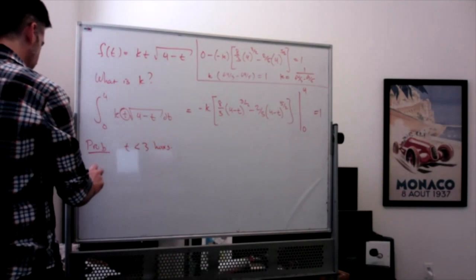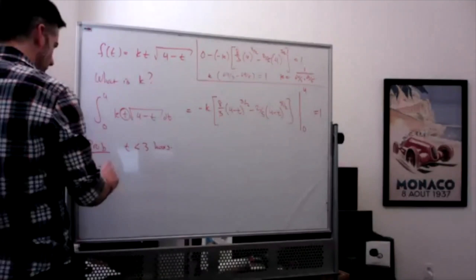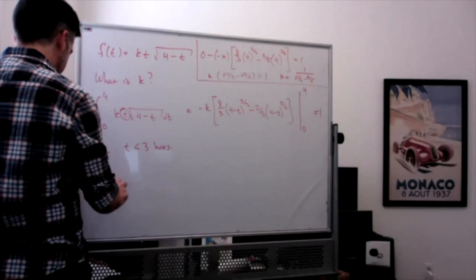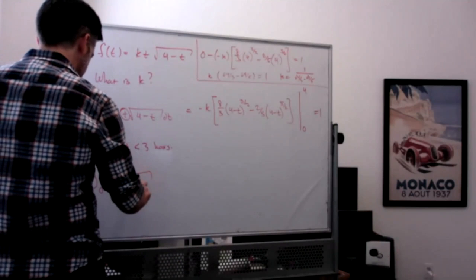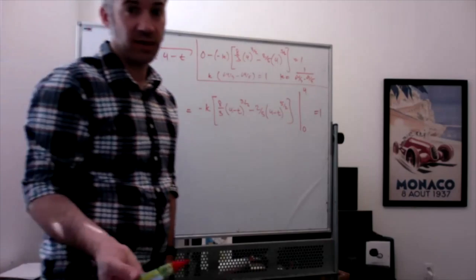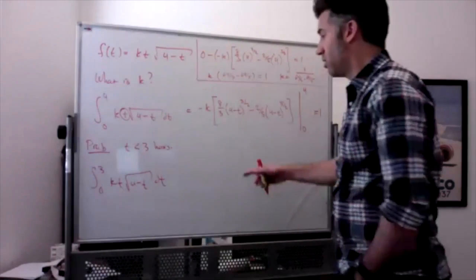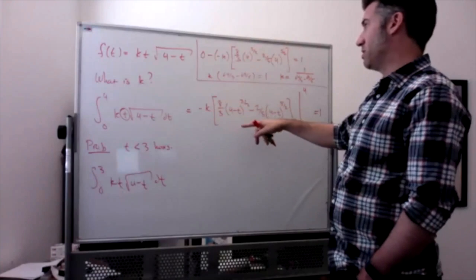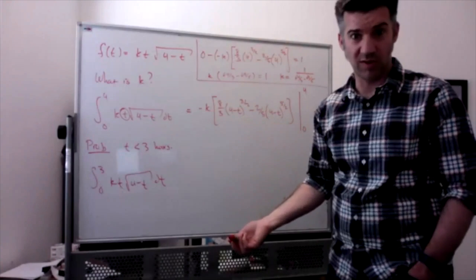So then I want to find the integral from 0 to 3 of this thing. I'm just going to write it as kt times the square root of 4 minus t, even though I know what k is. The reason I'm writing it this way is because then I can just say, that's going to be this same integral, but instead of going from 0 to 4, I'm going to go from 0 to 3.